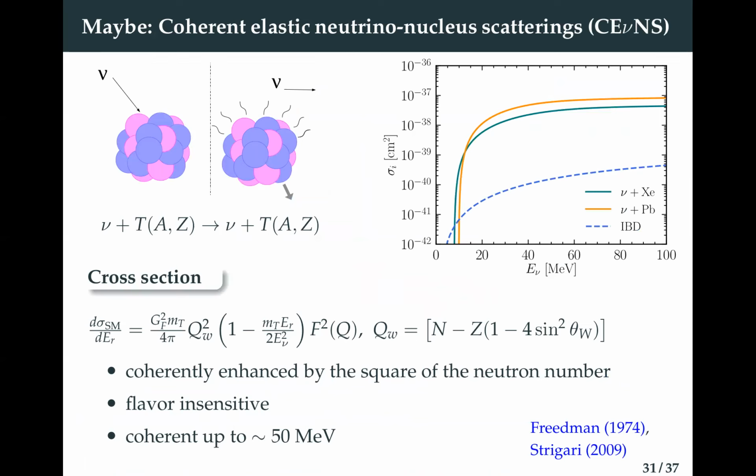And the idea we had with John and Irene is that maybe we can use CEvNS, which we also did some time ago, but we did it with some more predictions. And this is good because the cross sections are much higher than the IBD, because it's coherently enhanced by the number of neutrons inside the nucleus. They are insensitive to flavor, and the coherence is in the right range for the DSNB.